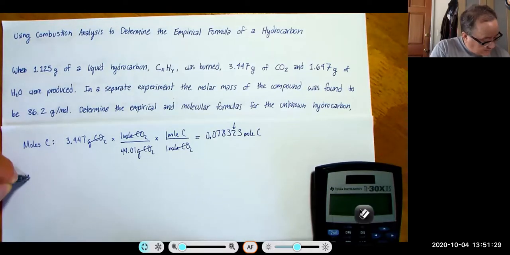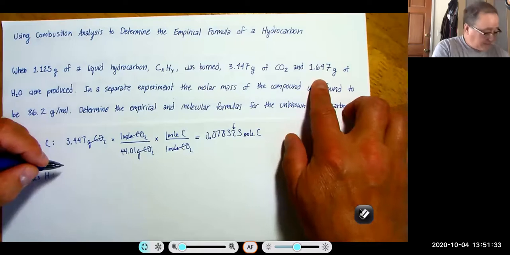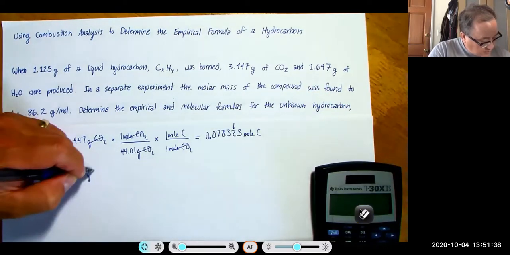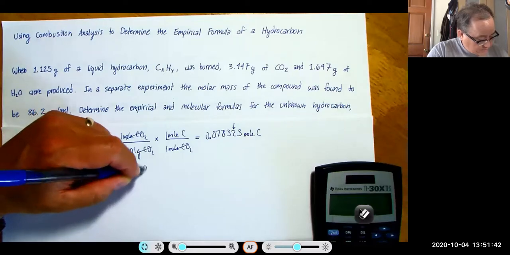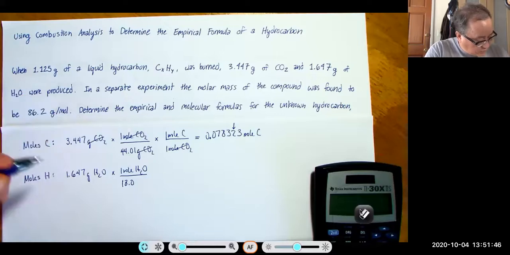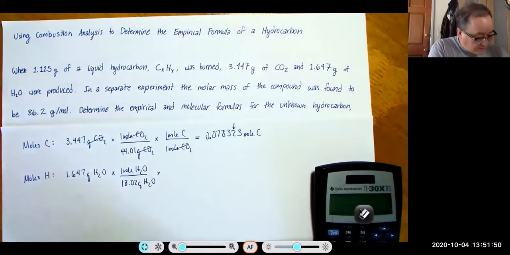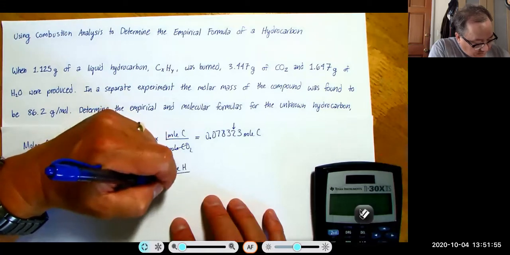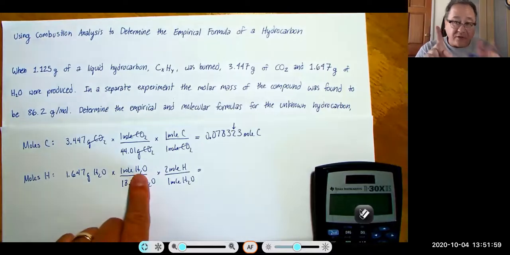Now let's do that for the moles of hydrogen. We have 1.647 grams of H2O. We're going to multiply by 1 mole of H2O per 18.02 grams of H2O. And then here we have to write down 2 moles of hydrogen to 1 mole of H2O, because for every 1 H2O, there are 2 hydrogens.